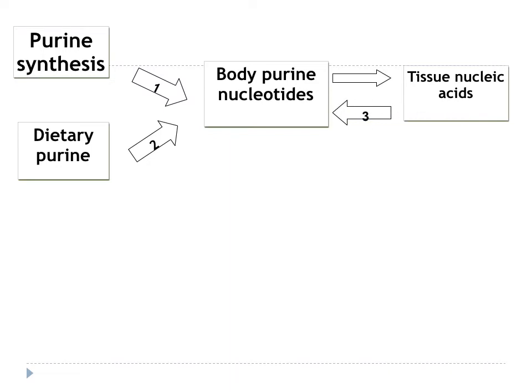And there are tissue nucleic acids, which come from the recycling of nucleic acids from the tissue. All of these are sources of purines.